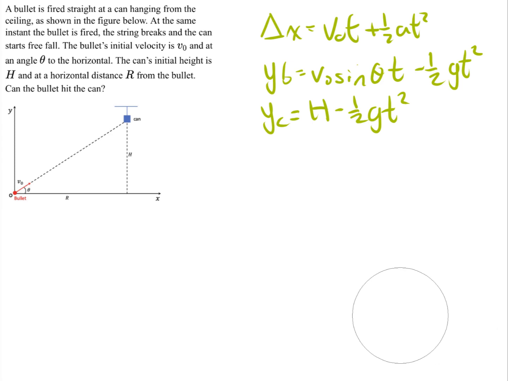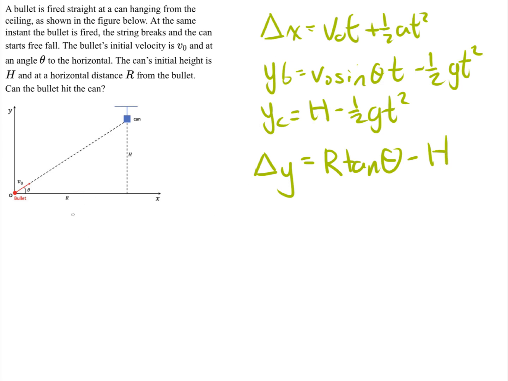So I'm going to rewrite it here. The difference in y between the bullet and the can is equal to the range times the tangent of theta minus the height.